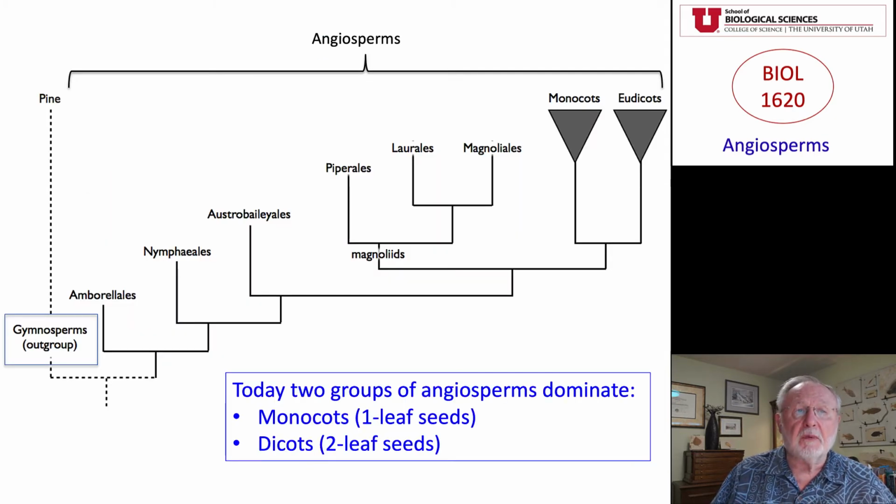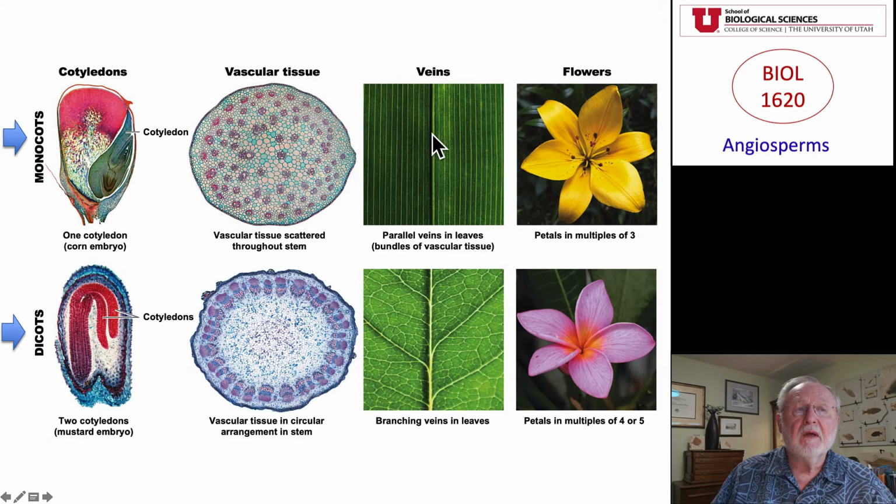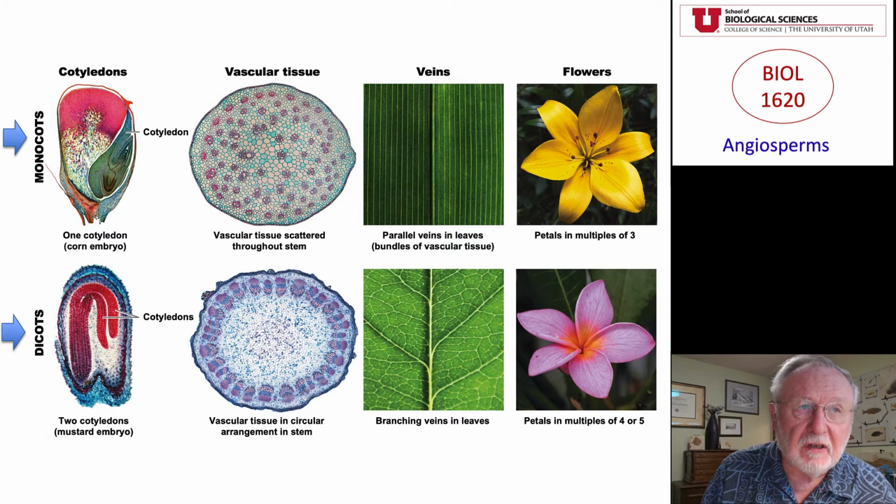Within the angiosperms, this being the gymnosperm outgroup, we find a number of families, but two groups predominate. One is the monocots, and the other is the eudicots. Monocots and dicots differ morphologically.